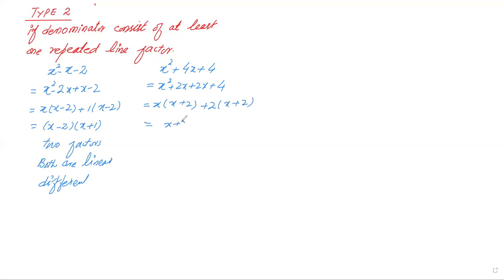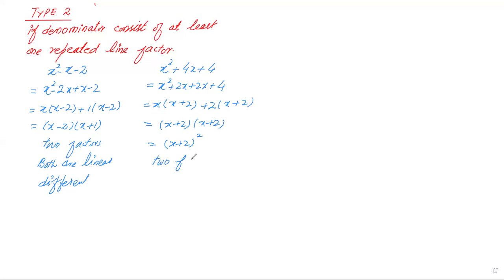So x plus 2 times x plus 2 is equal to x plus 2 whole square. But in this case, there are two factors. So again, I have to write the information from the second factorization.